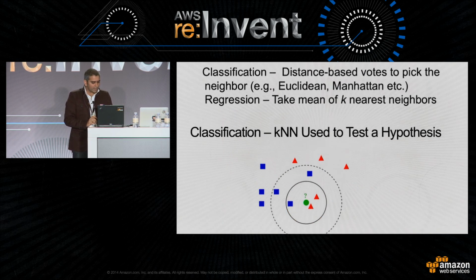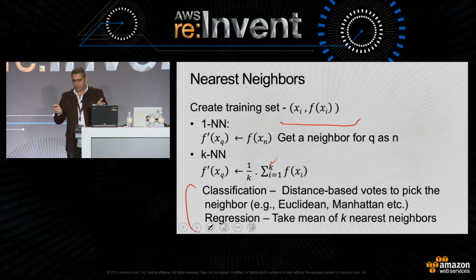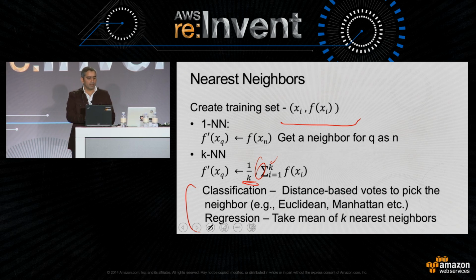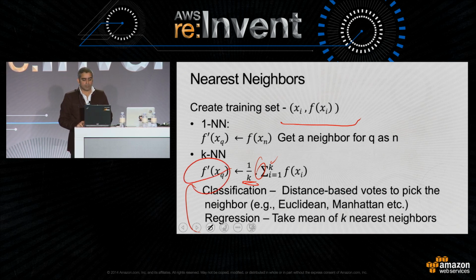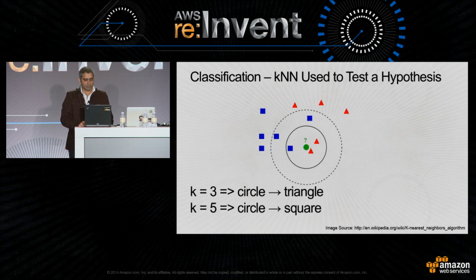That is the reason why you see over here we have k total observations, starting from 1, the first, to the kth value, and then we sum them all up and divide by k. Basically we are taking the average, right? And that would be our predicted value for f prime right here. So this is what will happen in regression and classification. That's why the algorithm has the simplicity to work in both kinds of scenarios for you.